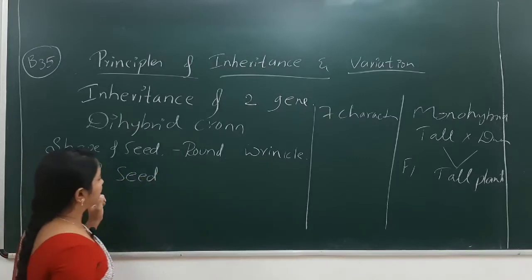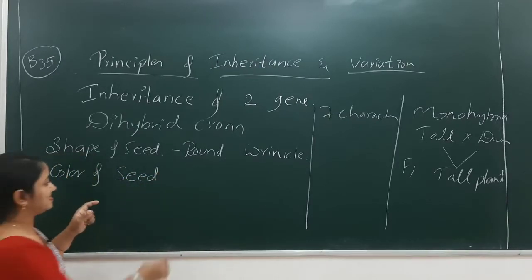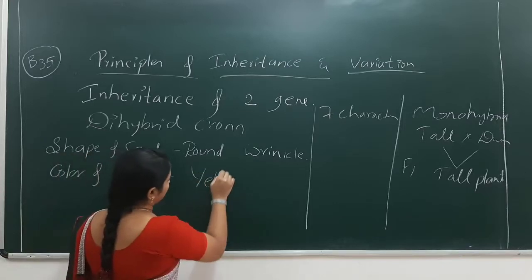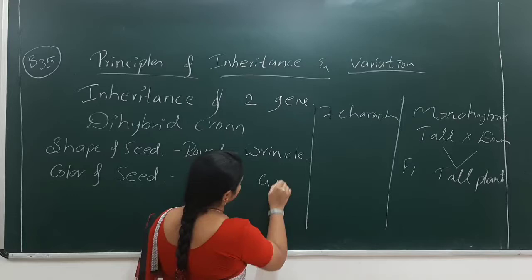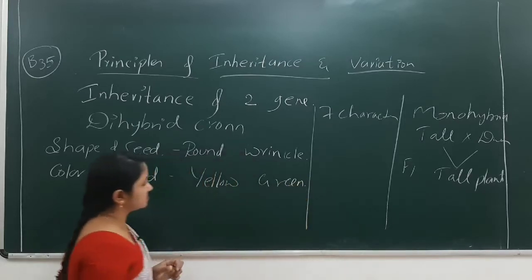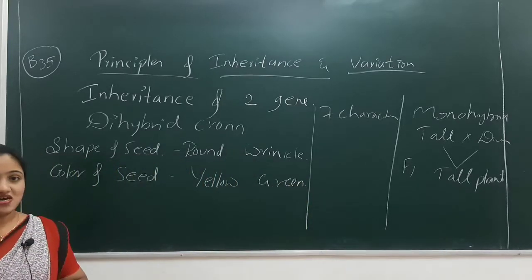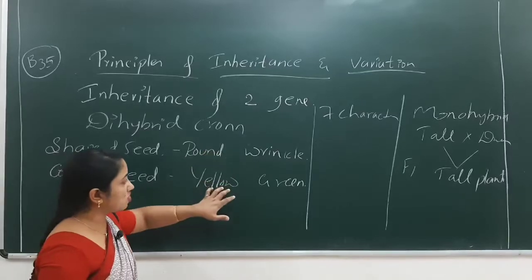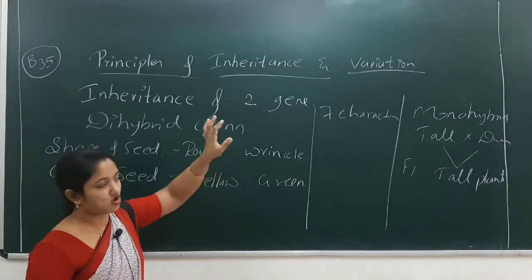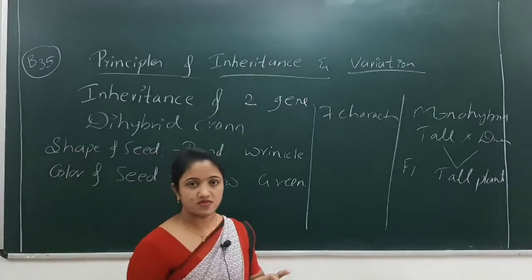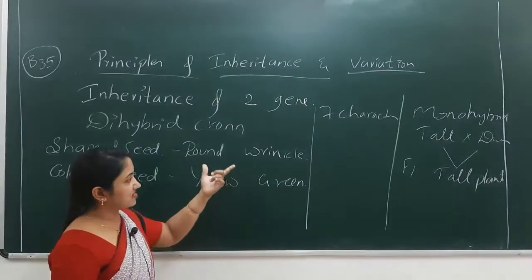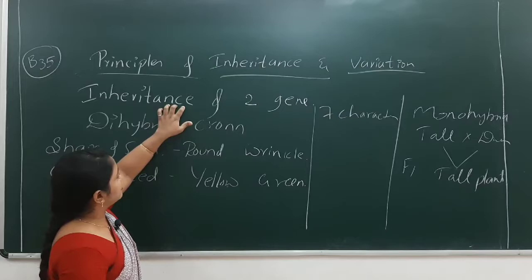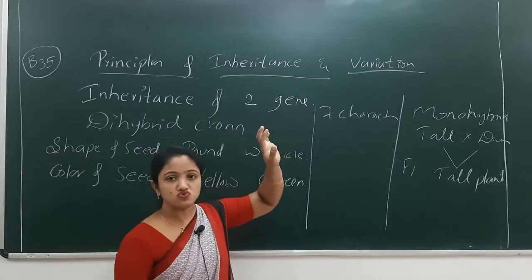The dominant color of the seed is yellow and the recessive one is green. So these are the 2 contrasting characters of Mendel. He selected these 2 characters to explain the inheritance of 2 genes.